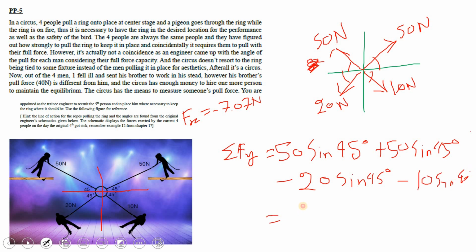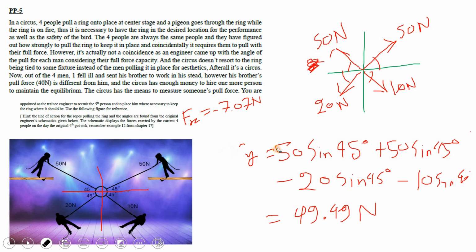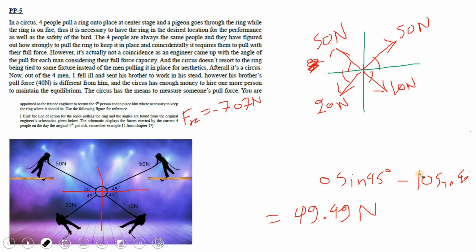So the result comes out to be 49.49 newtons. That's almost 50 newtons. So we now also know Fy. Now we can easily figure out the resultant force and the direction of the resultant force.